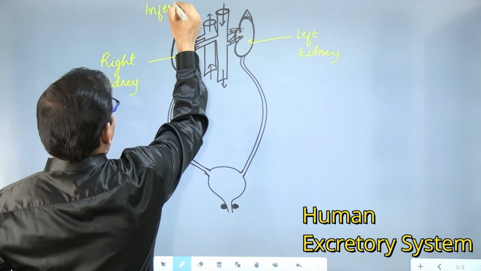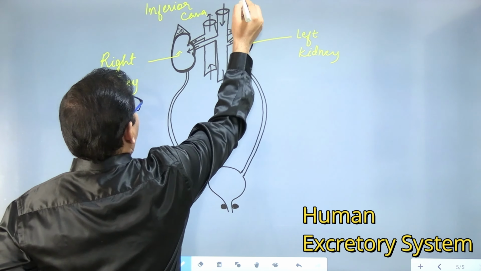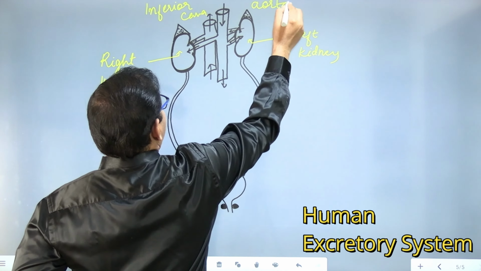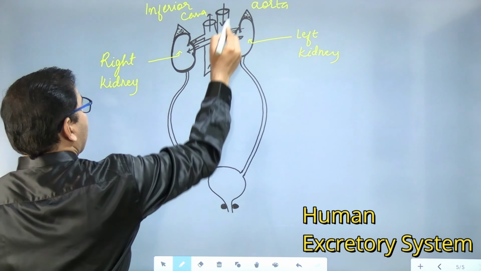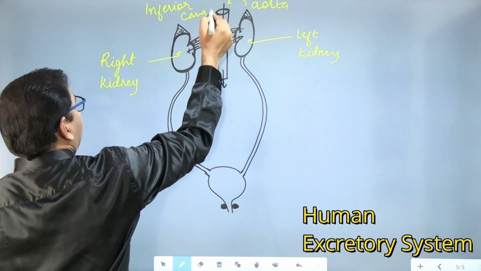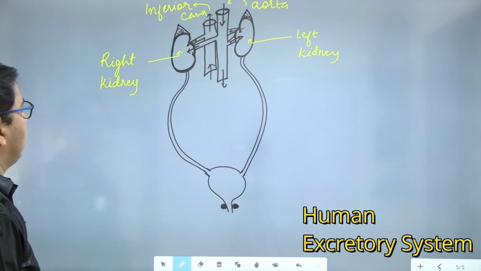Inferior vena cava. And where does it come from? Aorta. Here it comes from the aorta, here it goes to the inferior vena cava.